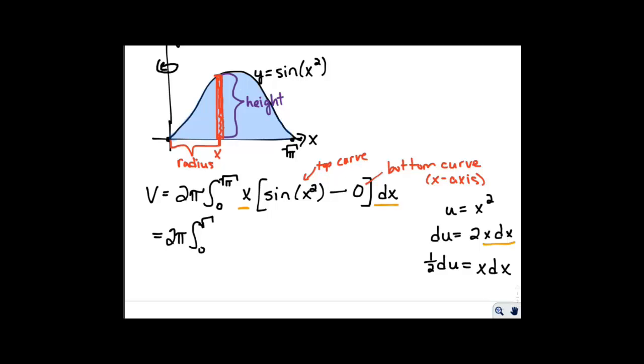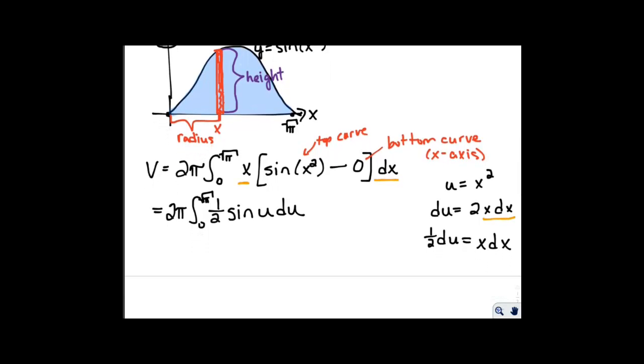So that's 0 to square root of pi, and we have sine of u, and then we're replacing x dx with 1/2 du, and now we have an easy to integrate function. So we can take the 1/2 and bring it out here, which makes this pi, and we get the integral from 0 to the square root of pi, again, those are the values of x, of sine u du.